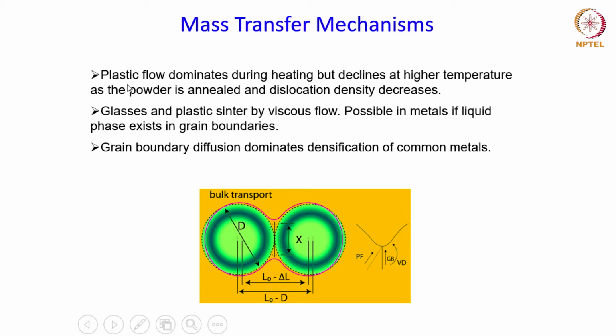Okay, and we have seen that plastic flow dominates during heating but declines at higher temperature as the dislocation density decreases at higher temperature, and grain boundary diffusion is a dominant densification mechanism for most of the metals.